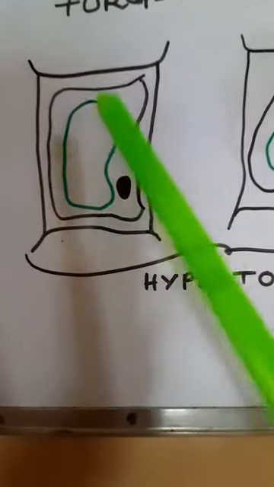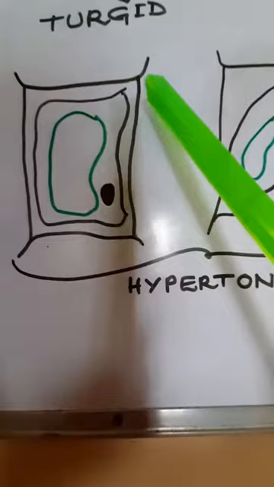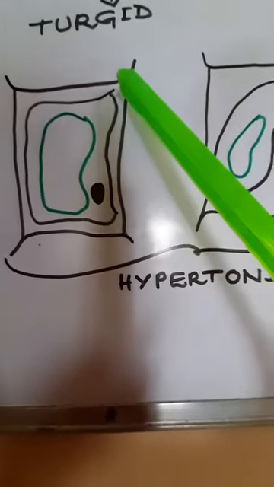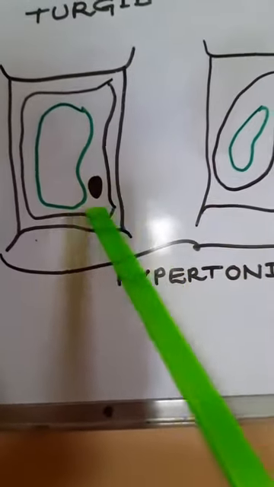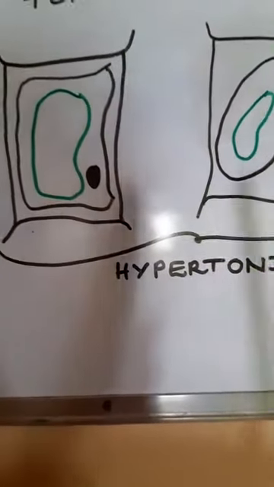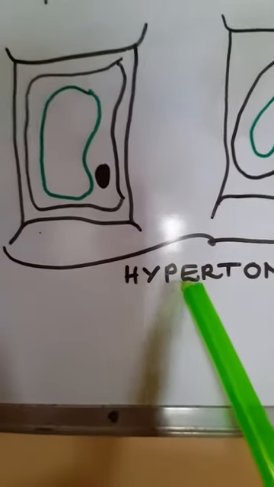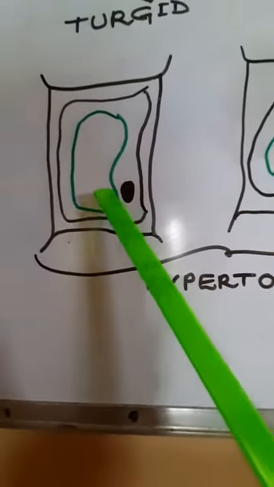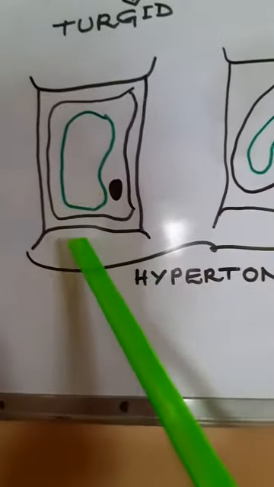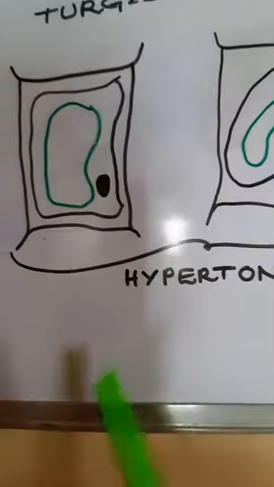Slowly, the plasma membrane will leave the cell wall. Can you see the black one leaving the cell wall? It is slowly leaving the cell wall because this is a hypertonic solution. So what is happening? Exosmosis, no? Water is leaving. So the plasma membrane leaves the cell wall.